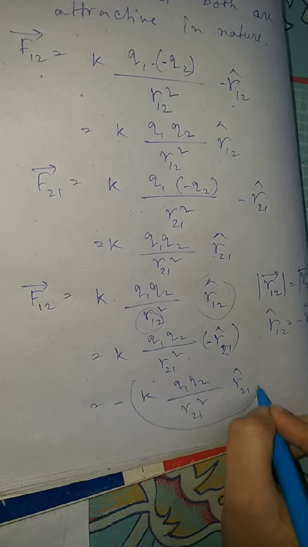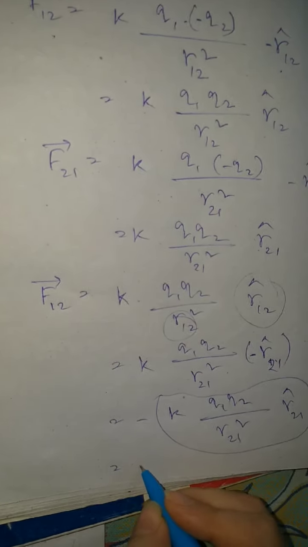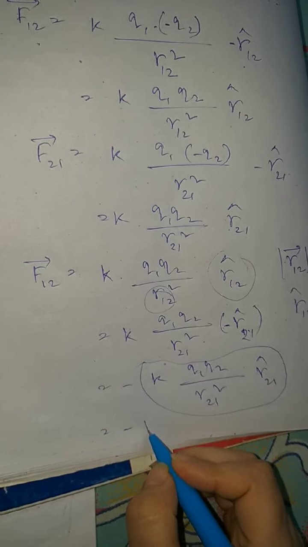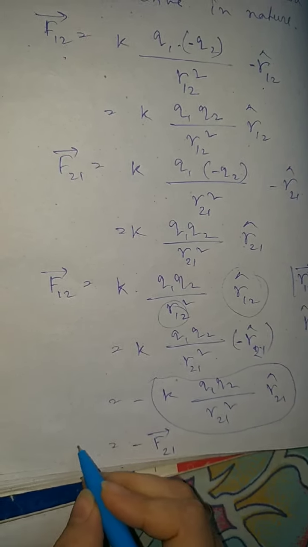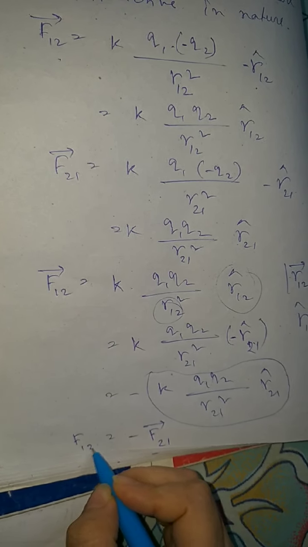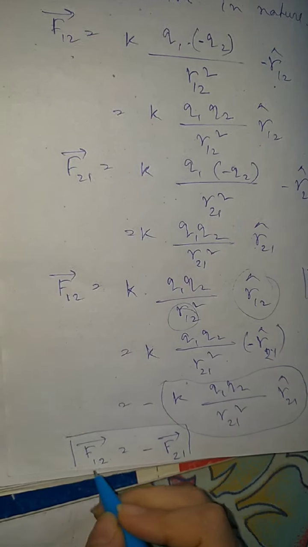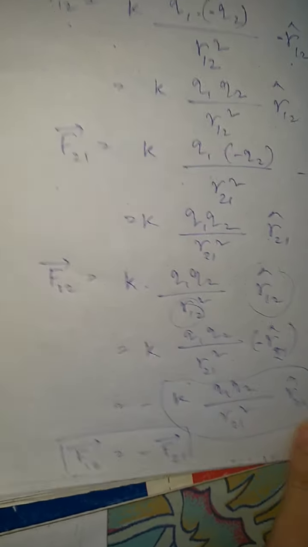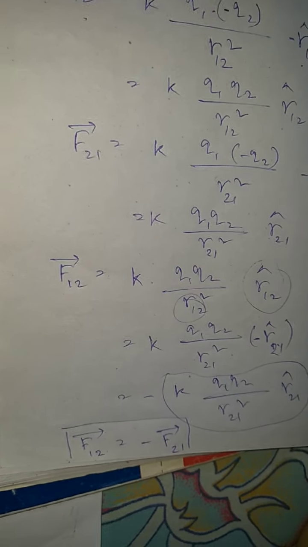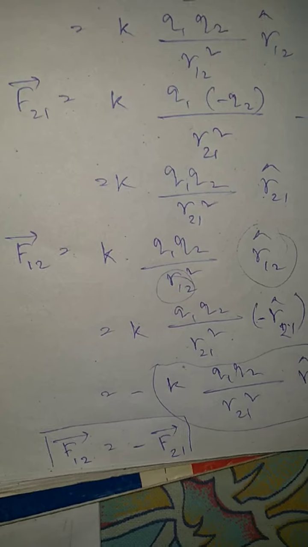This is the formula of F21. So F12 and F21 are always in opposite direction. So F12 vector equals minus F21 vector.